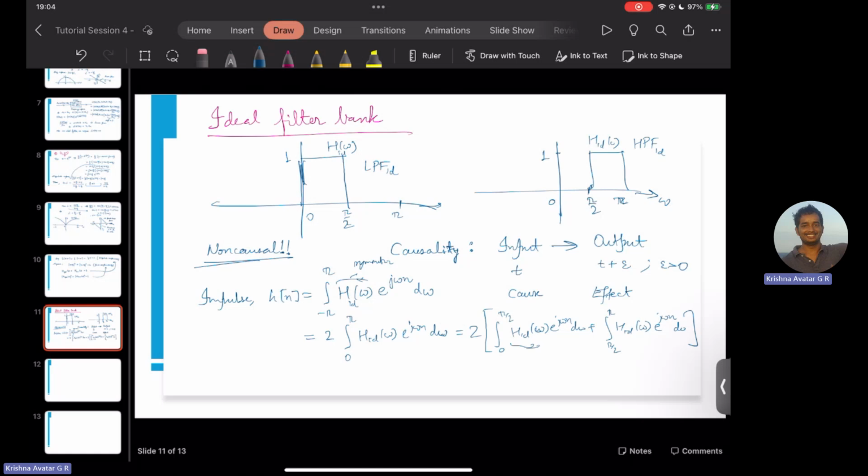And H ideal omega is 1 in the interval 0 to pi by 2, and it is going to be 0 in the other interval. So you are left with 2 into the integral from 0 to pi by 2 of e to the power j omega n d omega.